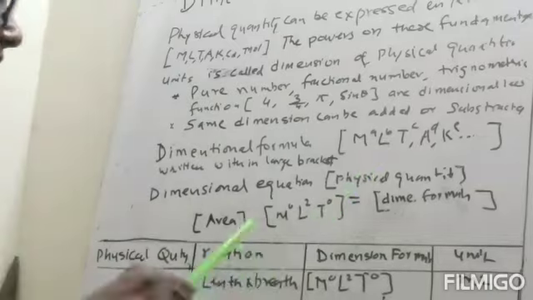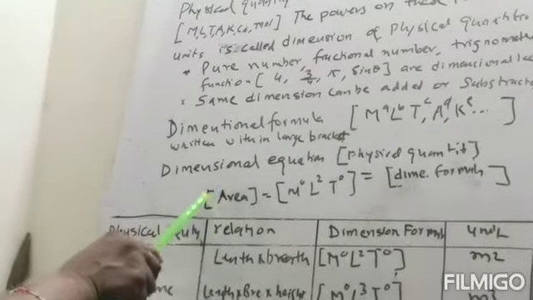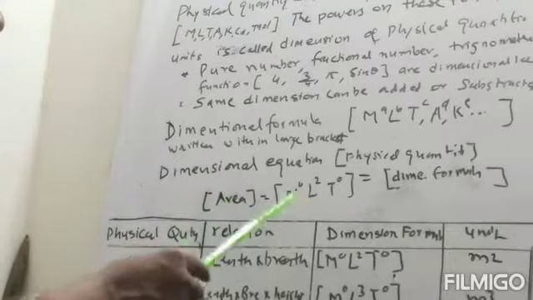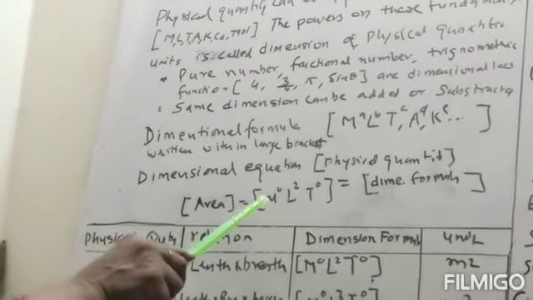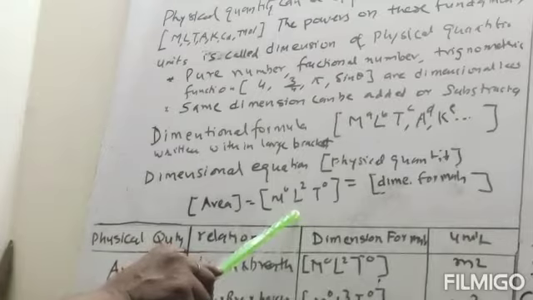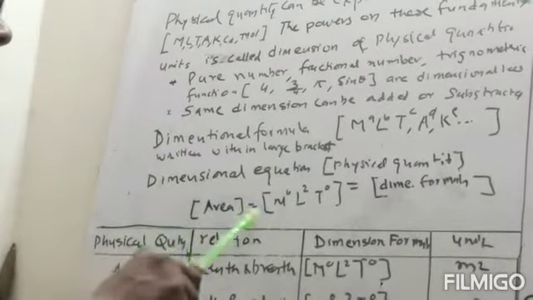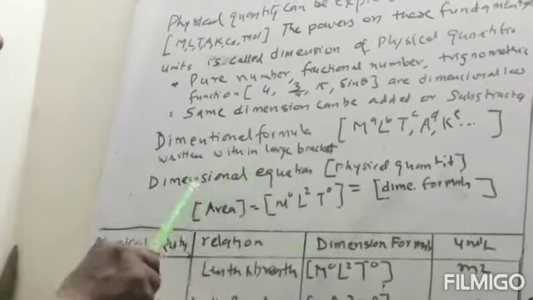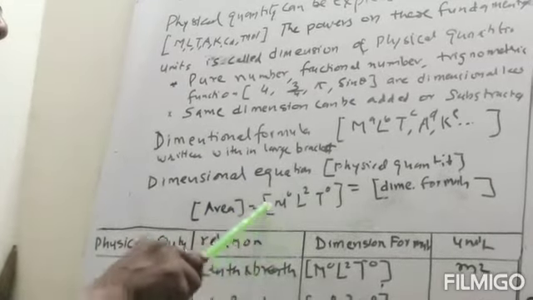For example, take area, a physical quantity. Area is equal to length multiplied by length, so L square. So we will write M0 L2 T0 within the bracket. This will be the dimensional equation of area, and this is the dimension of the area.